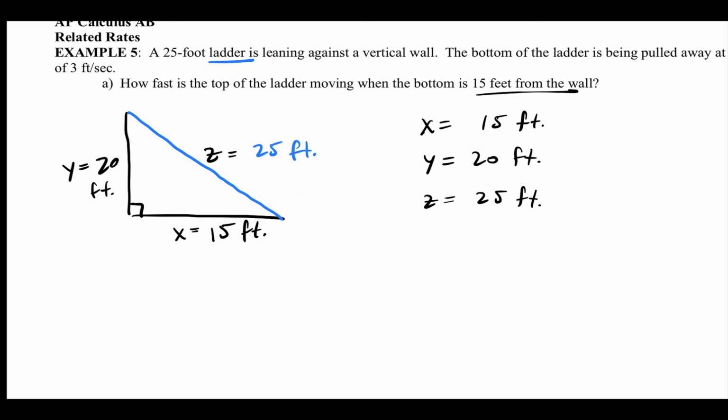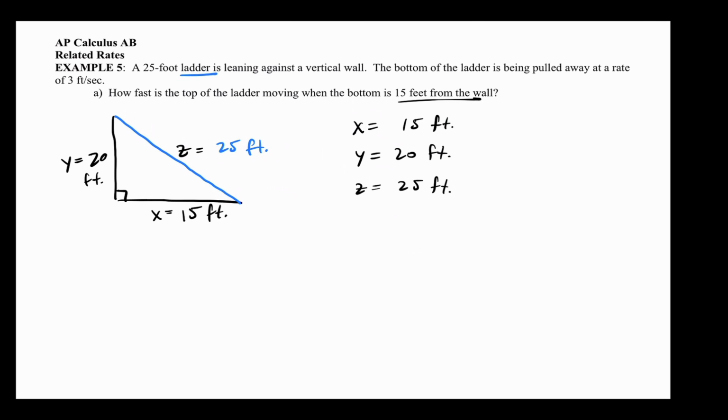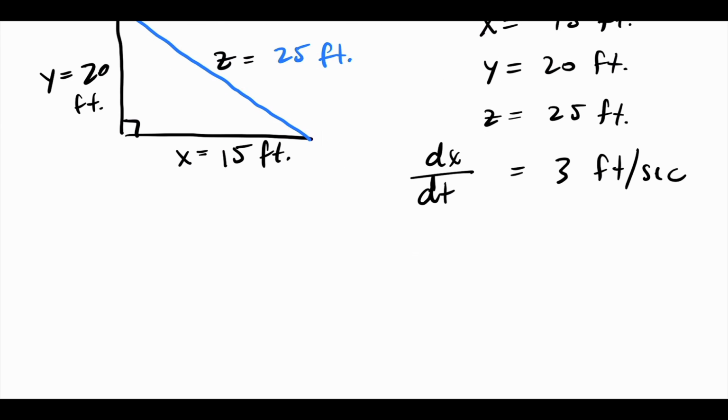Okay, so rates now. The bottom of the ladder is being pulled away at 3 feet per second. How do I label that? There you go, dx over dt. And is it positive 3 or negative 3? Why positive?